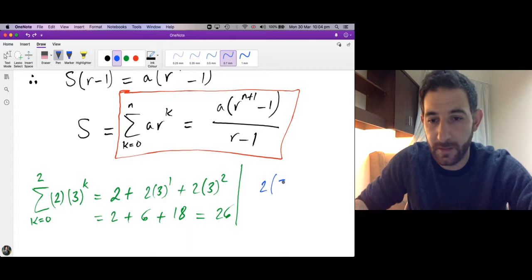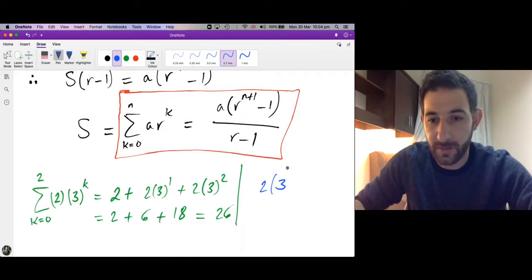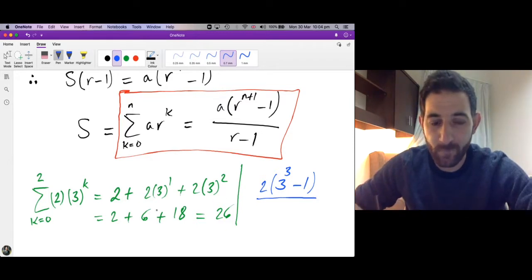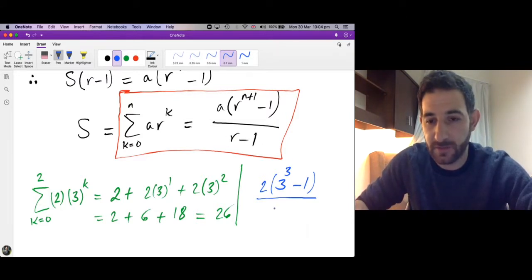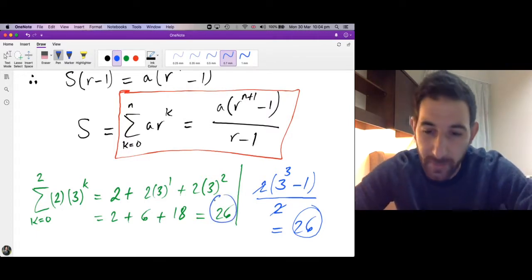So it's 3 raised to the power n plus 1. N is 2 plus 1 is 3, minus 1, divided by r minus 1. Again, what is r? It's the common ratio. 3 minus 1 is 2. So 2 over 2 is 1. And this is 3 cubed is 27 minus 1 is 26. See? It worked for this example.